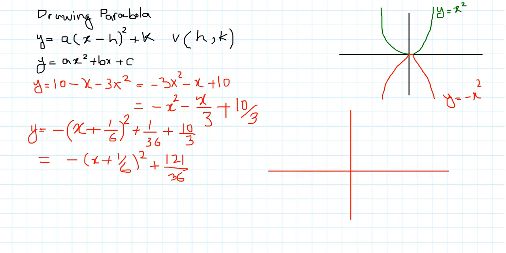So again this is 3.36, and this is minus 0.166, 3.36. I have this point as a vertex, and I know the factor is minus, so I drew it easily.